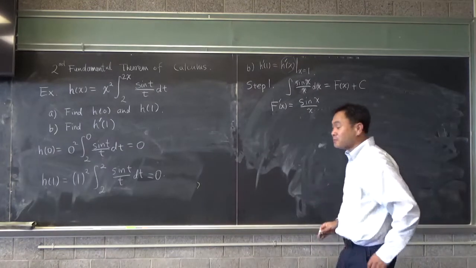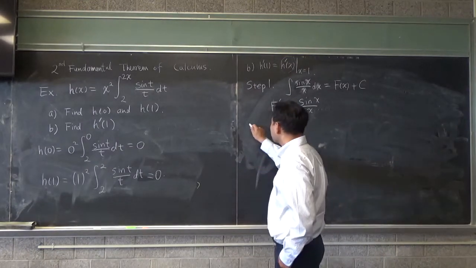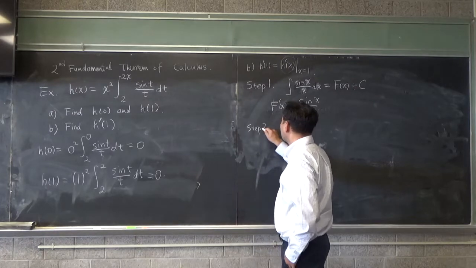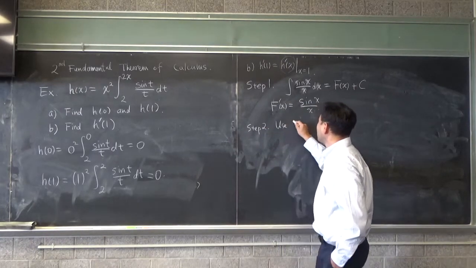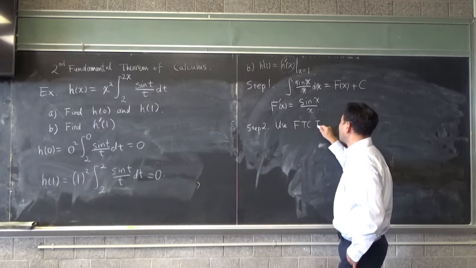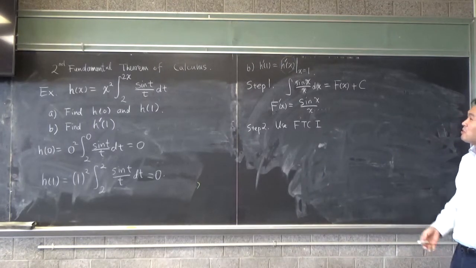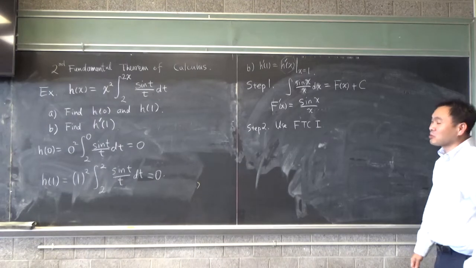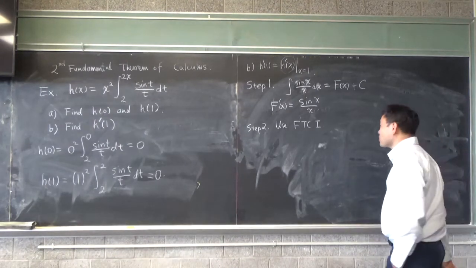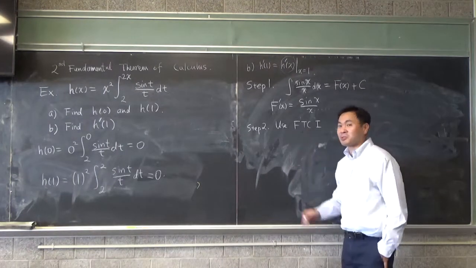Just assign that. Now, step 2, use fundamental theorem of calculus 1, not 2. We learned something then, but you can even forget about what the second fundamental theorem of calculus was. You don't have to know that one. You can just say fundamental theorem of calculus 1.